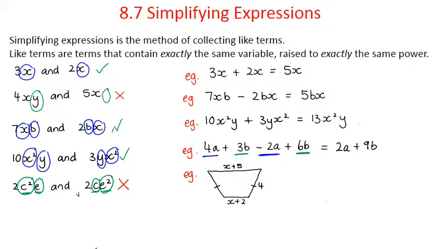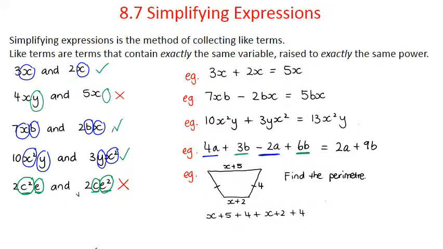And we're asked to find the perimeter. Now, you find the perimeter by adding up all the sides. So we're just going to go ahead and do x plus 5 plus 4 plus x plus 2 plus another 4.